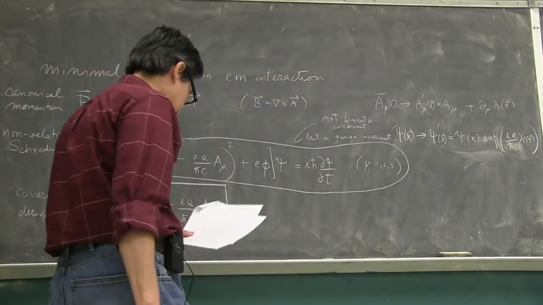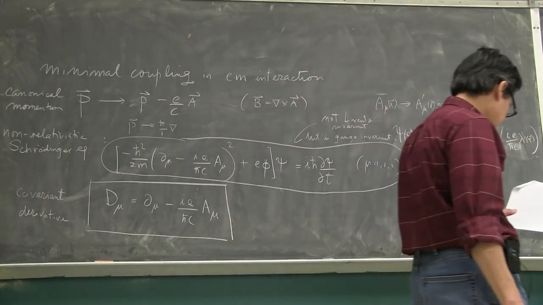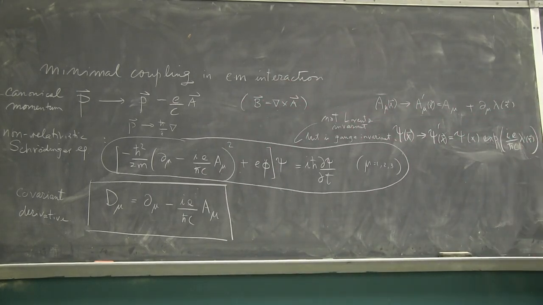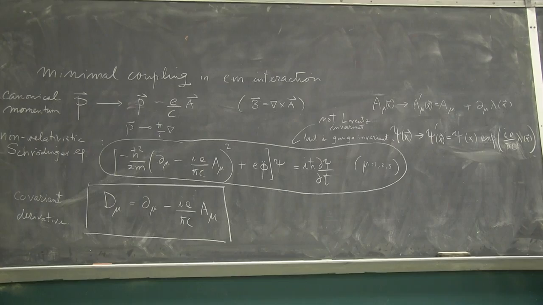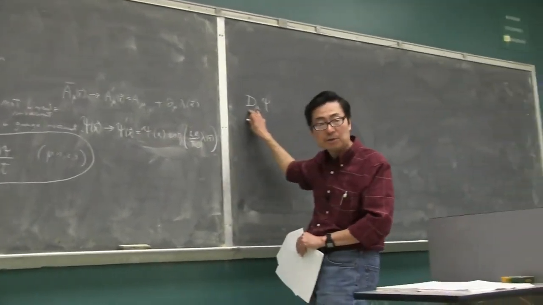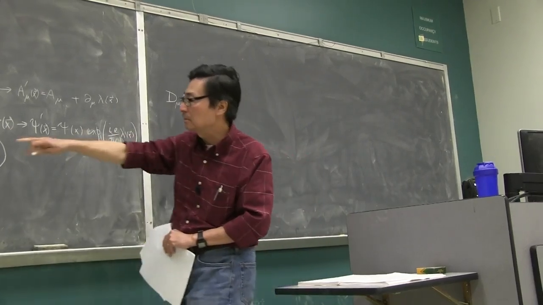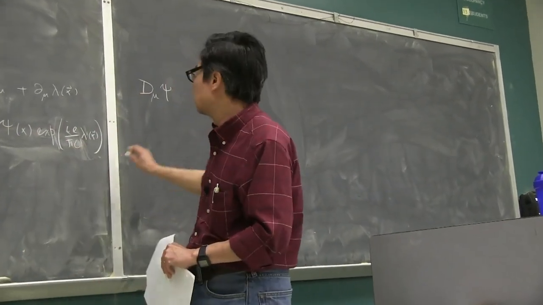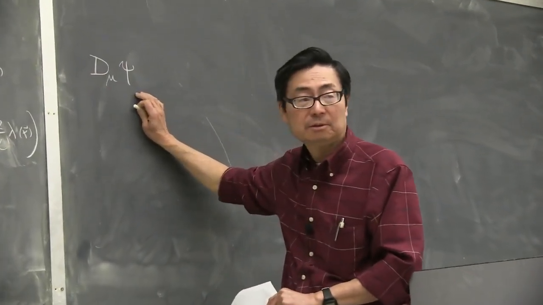Now let's make use of this notation. The Schrödinger equation involves two powers of this covariant derivative, because there's a square over there. But let's look at what happens to one power first.